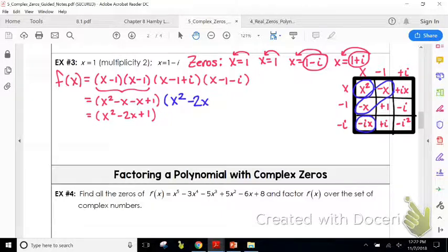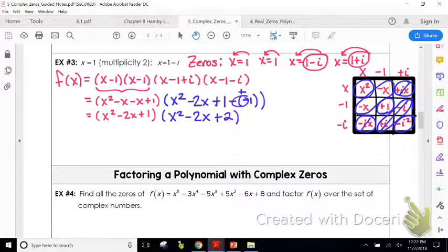We have a negative ix plus ix. It's going to cancel with that plus 1 there. Negative i plus i will cancel. I have that minus i squared. So I have minus, what is i squared again? Negative 1. And so I got x squared minus 2x plus 2. And then we get to do our square again.